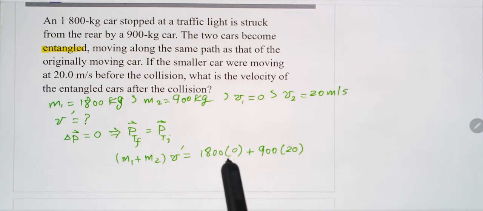Be careful here. The car is 0, so the sign is not important. However, if the car is moving forward, then it's a positive. Or if the car, for example, is going in reverse, it's a negative. We are dealing with vectors here, but in one dimension, so be careful.